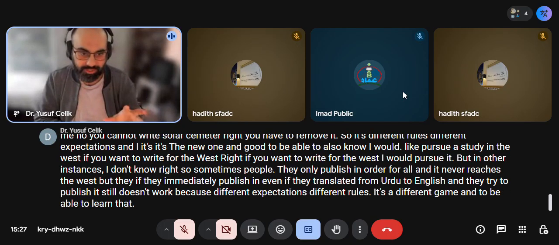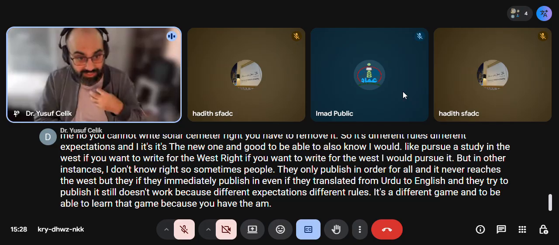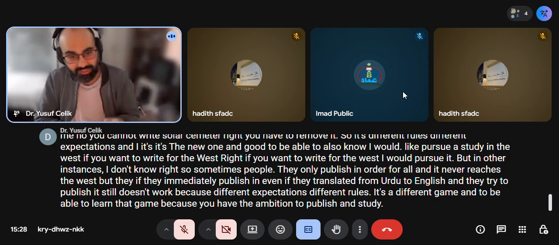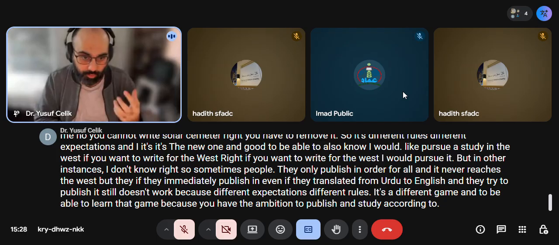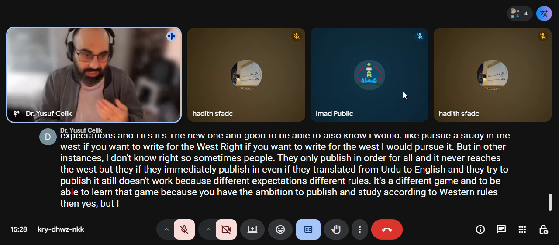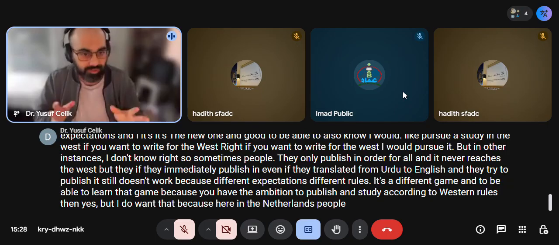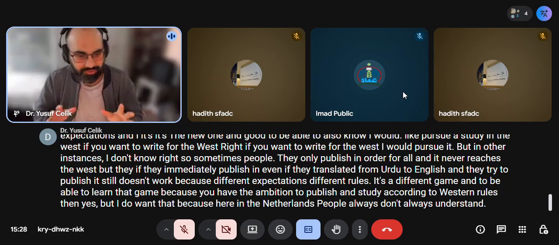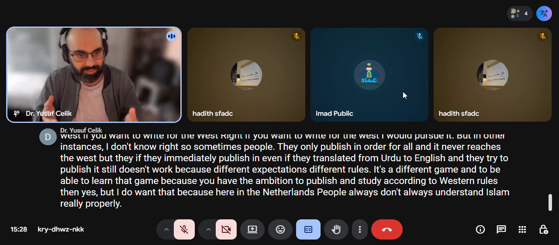And to be able to learn that game, because you have the ambition to publish and study according to Western rules, then yes. But I do want that, because here in the Netherlands, people don't always understand Islam really properly.